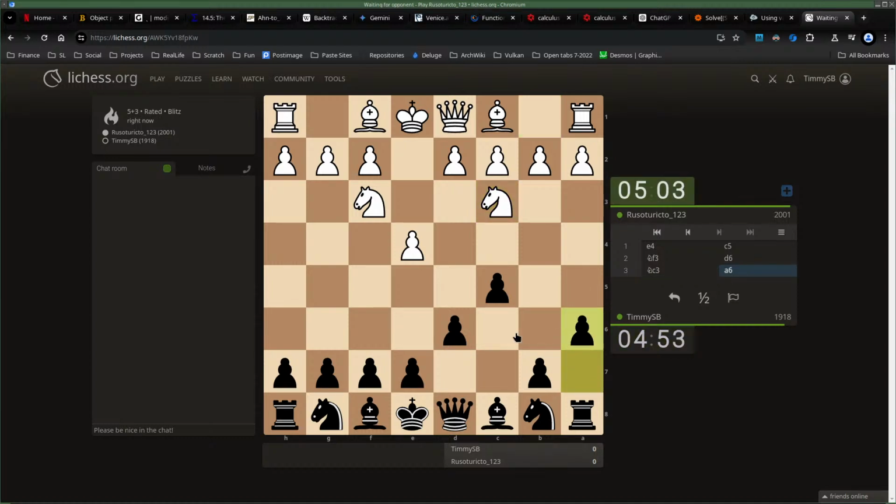Always those annoying moves, 2000 players.